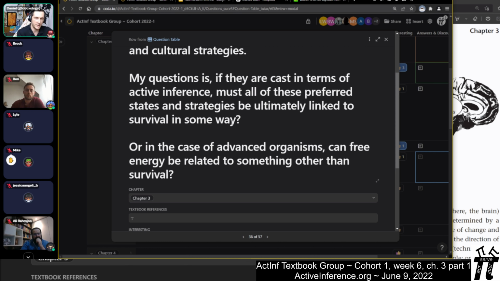Mike, and then anyone else. Yeah, it feels like this notion of survival and preferred states gets conflated in a sort of odd way. Not everything is about survival, right? You might have some measurement of surprise if you're in a temperature that's 120 degrees, but it's survivable for a period of time. Whereas if you're in a temperature of 300 degrees Fahrenheit, not survivable, right?